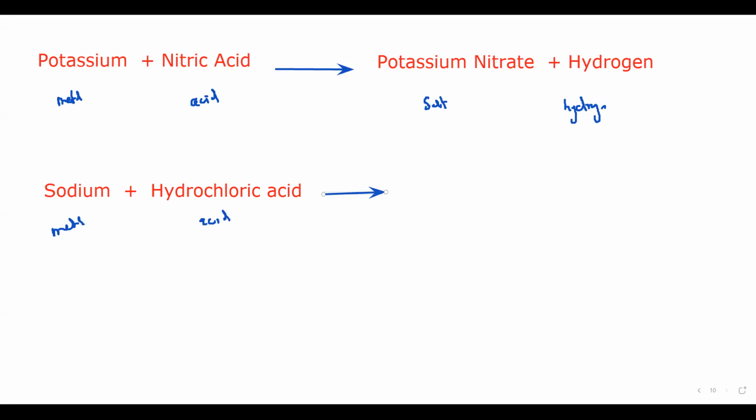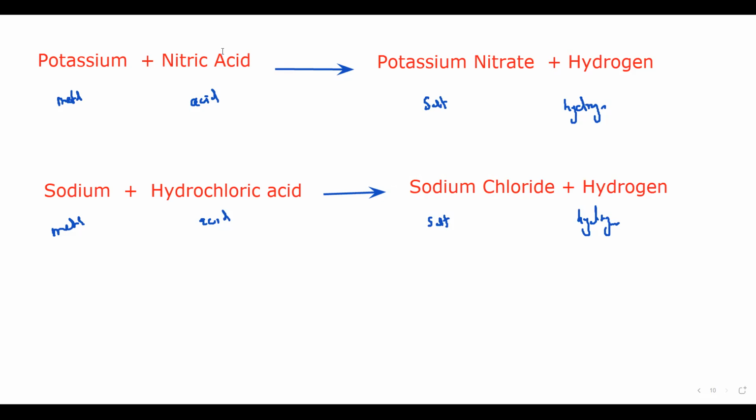The first name of the salt is from the metal, and the second part is from the acid. Hydrochloric acid gives chloride salt, sulfuric acid gives sulfate salt, and nitric acid gives nitrate salt. So it will be sodium chloride plus hydrogen. This will always be the product whenever acid is reacting with metal.